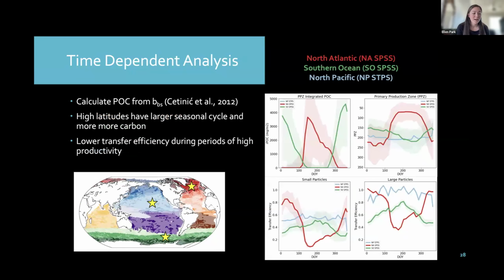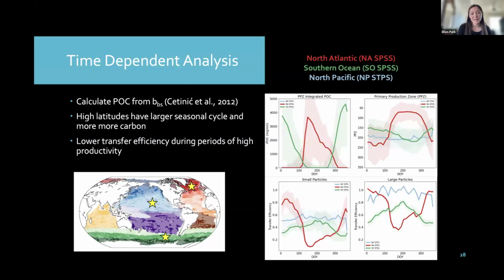There's a lot on this slide, so I'll walk through each part of this figure first. The upper left-hand corner shows the primary production zone integrated particulate organic carbon, which is converted from the small particle backscatter signal.